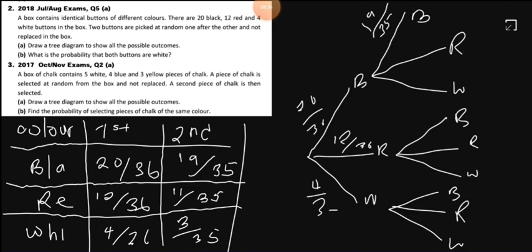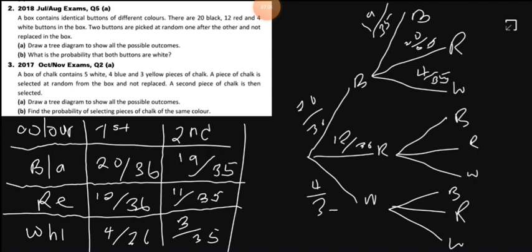If we picked black and then red, nothing changes for red, so red goes back to the way it was, but the total becomes different. So red becomes 20 over 35. If we picked black and then white, this is its first selection, so it will still be 4 over 35.